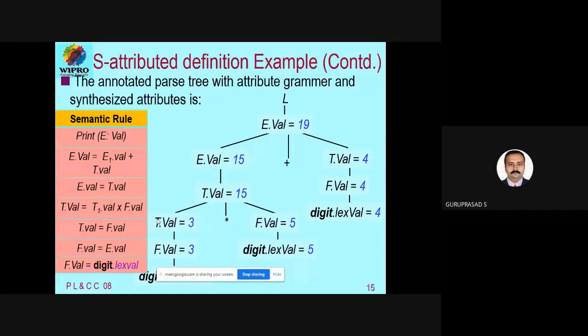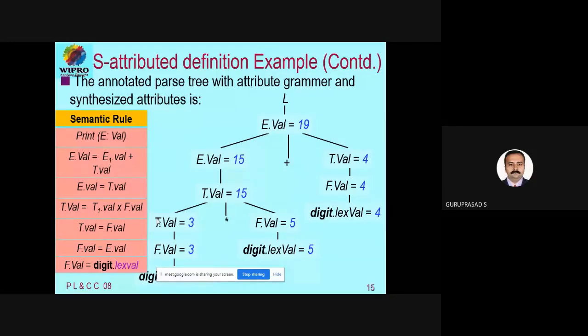Means to say, in S-attributed, the attribute value of the parent is dependent on its children. As simple as that. So why am I talking about dependence? We'll see the dependency and dependency graph a bit later. This is a very simple evaluation, and usually in the question paper, a string will be given and you will be asked to compute the SDD, or it might be an annotated parse tree for the string.